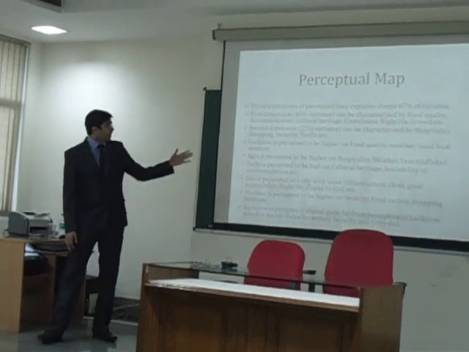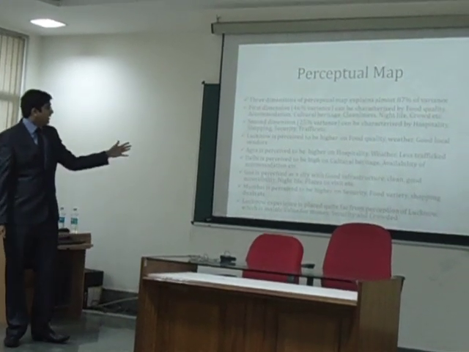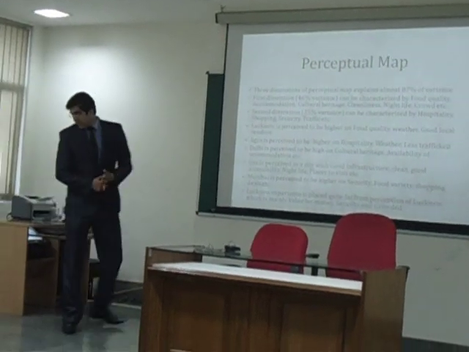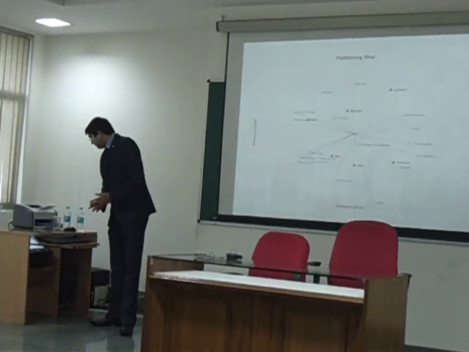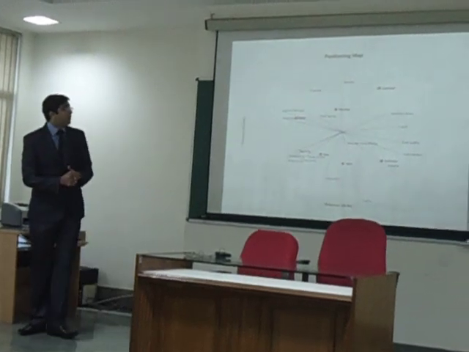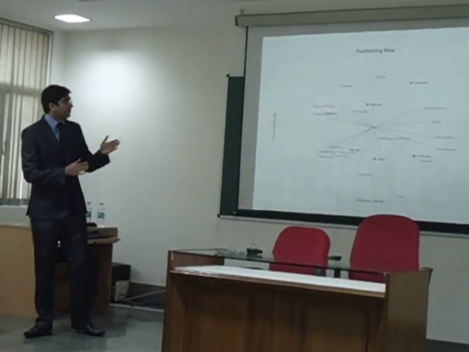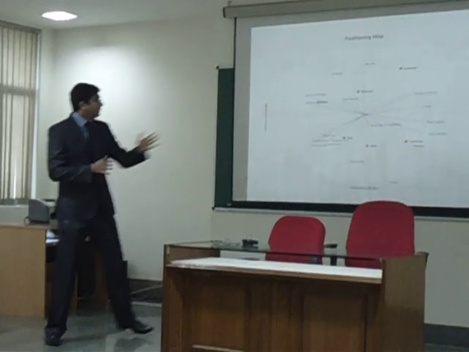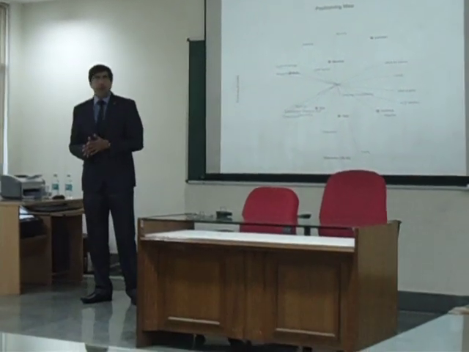For that we took other tourist destinations: Agra, Delhi, Goa, Mumbai and Lucknow. And if you see the positioning map, a very important thing is that we used Lucknow perception, what they perceive of Lucknow, and what they experienced when they came to Lucknow.